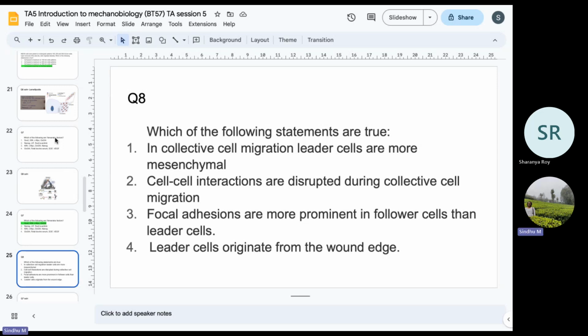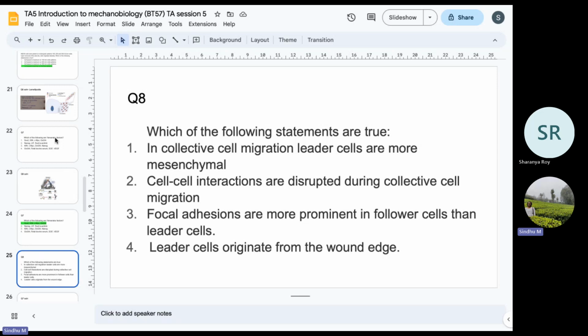So there is a concept called leader cell and follower cell in collective cell migration. Whenever there is a wound, some cells will become leader cells. These cells are bigger in size and they can exert higher forces. So basically these cells will become leader cells and they will pull the cells behind them.